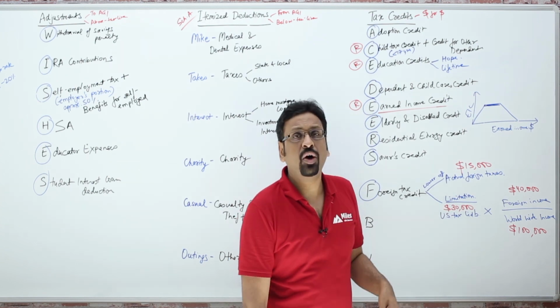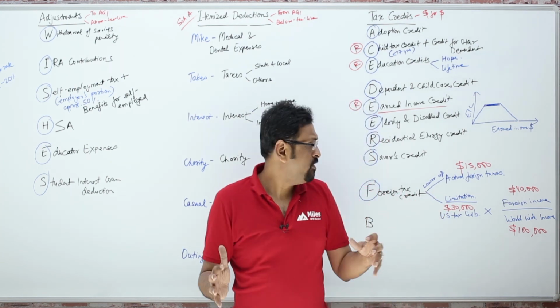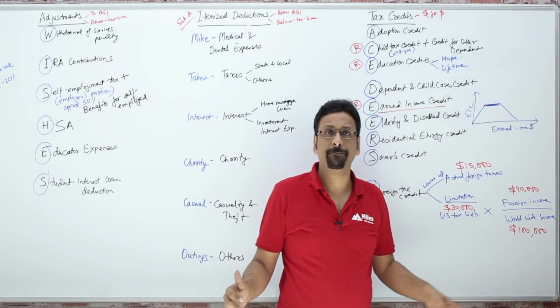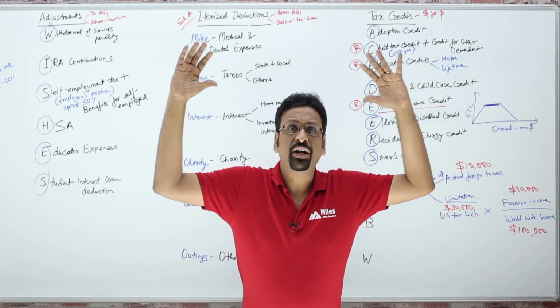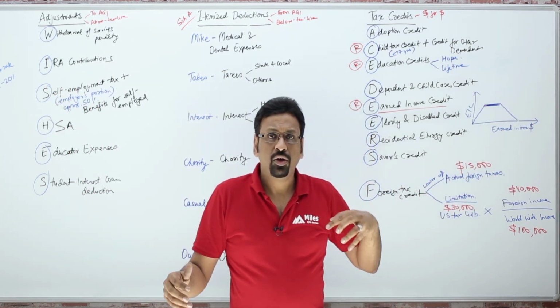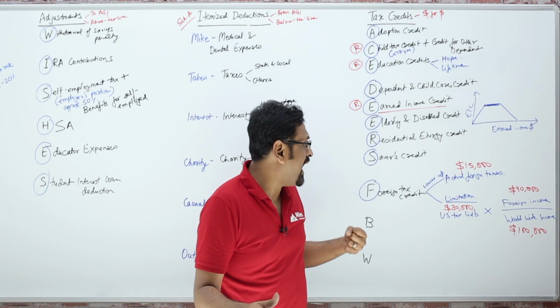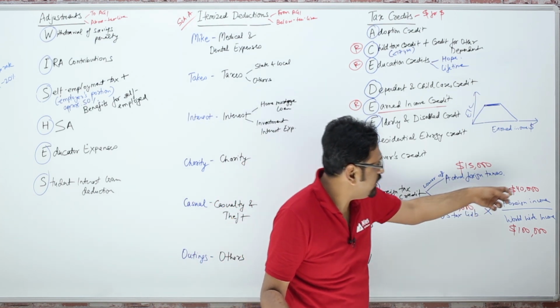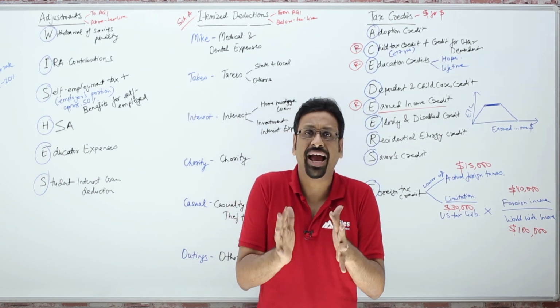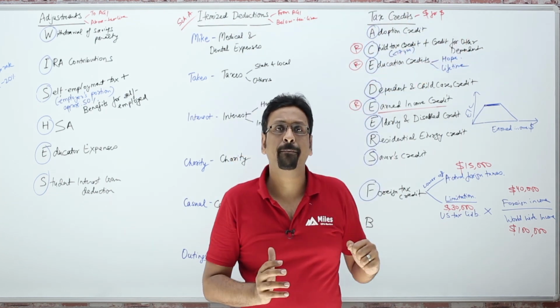So $30,000 is the taxpayer's liability for the entire $100,000 of worldwide income. Of that $100,000 worldwide income, 40 is foreign. So now basically the taxpayer is paying 30,000 times about 40%, which is $12,000 tax on the foreign income.